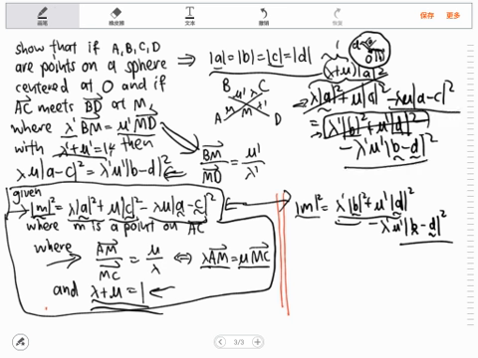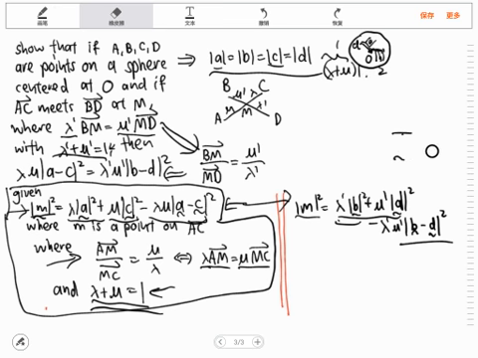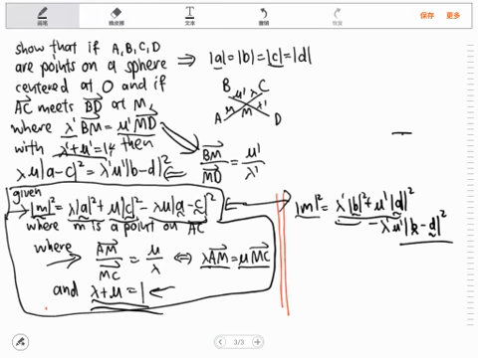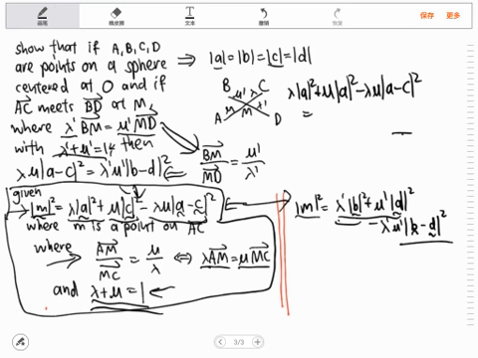It's a bit messy, but if you want, we can recap and write it properly. So looking at here, λ|A|² plus μ, instead of |C|², I'm going to immediately change it to |A|², minus λμ |A − C|², equals, if you already got it, you can move on.